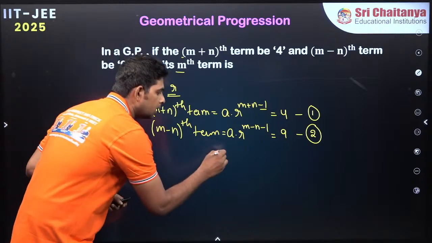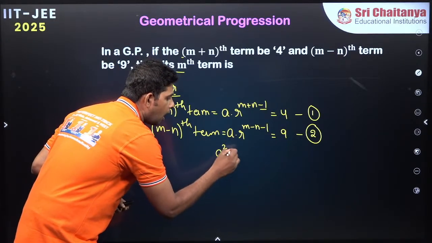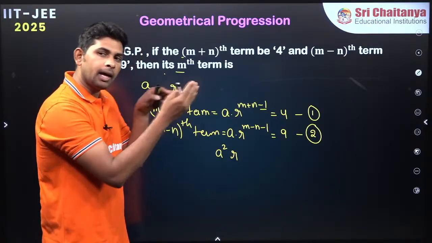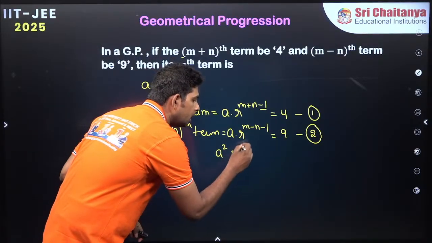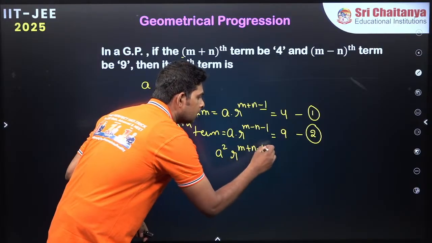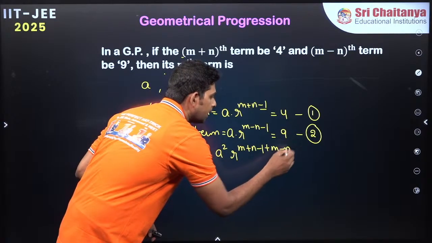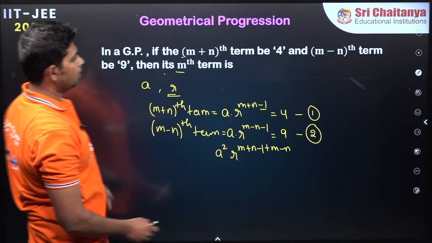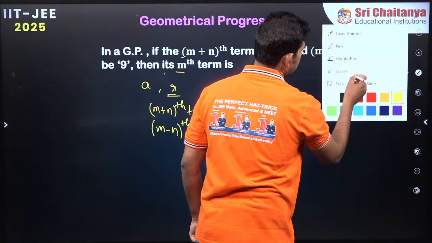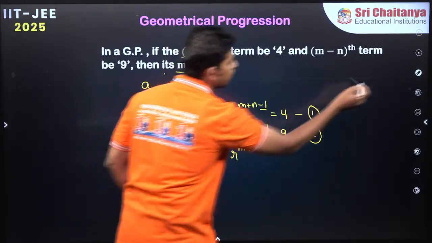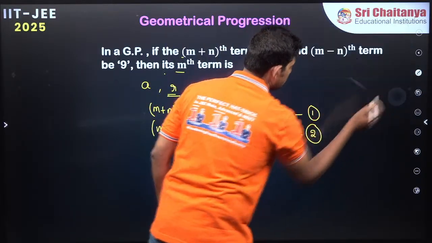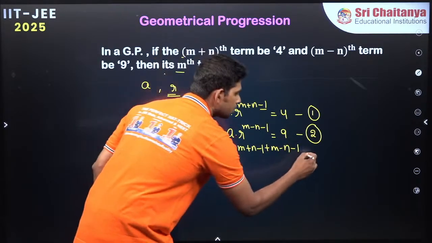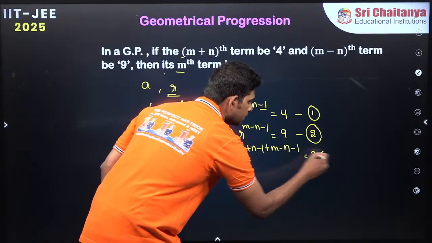So a into a is a square, r power, the base r is common, then we can add the powers, which is going to be m plus n minus 1 plus m minus n minus 1, is equal to 4 times 9, giving us 36.